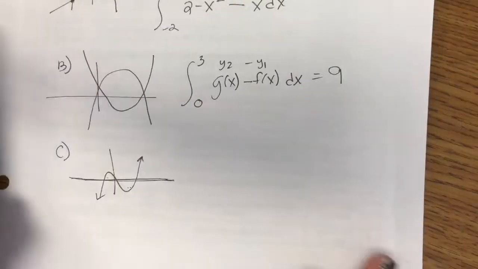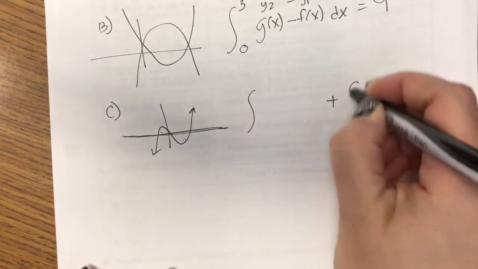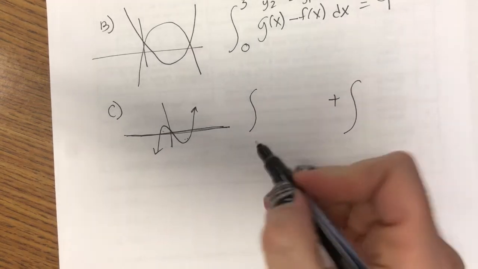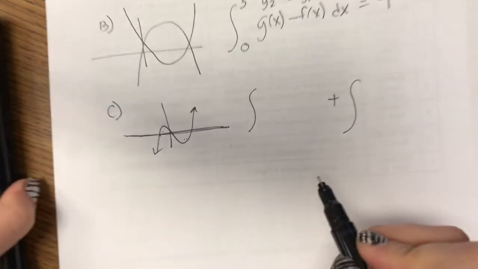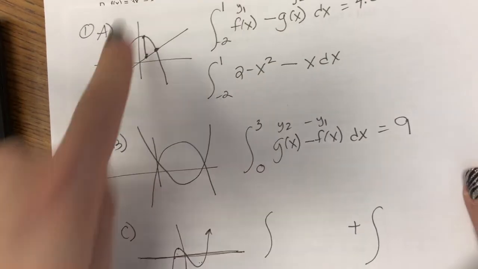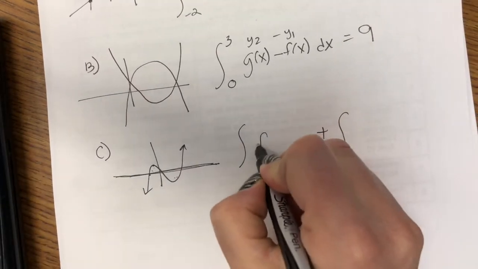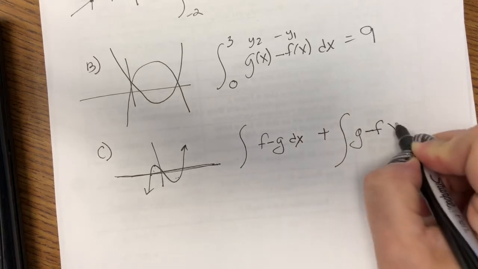So I need 2 different integrals when I go to set up my answer. So the first one's going to be this left piece. Let me find, oh, and so then the top function is the cubic, which was f. So this one's going to be f minus g. And then it switches, so this is g minus f.